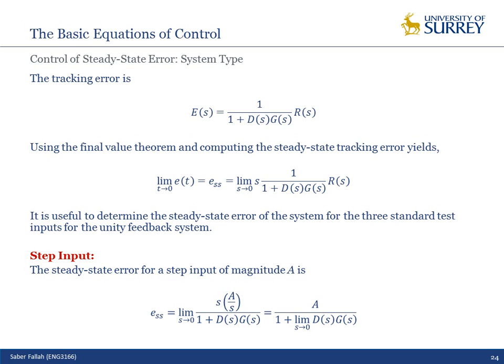What is D(s)G(s)? I defined it 20 minutes ago, huh? What's D(s)G(s)? It is the loop gain. What was the loop gain?